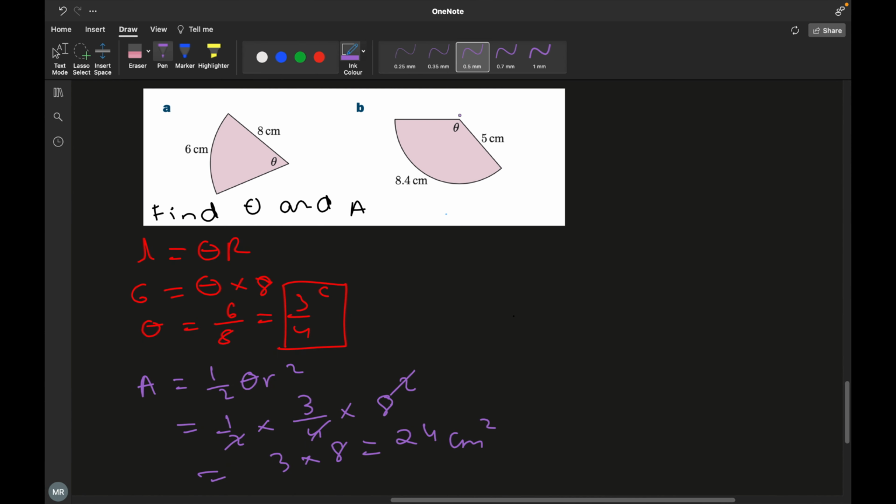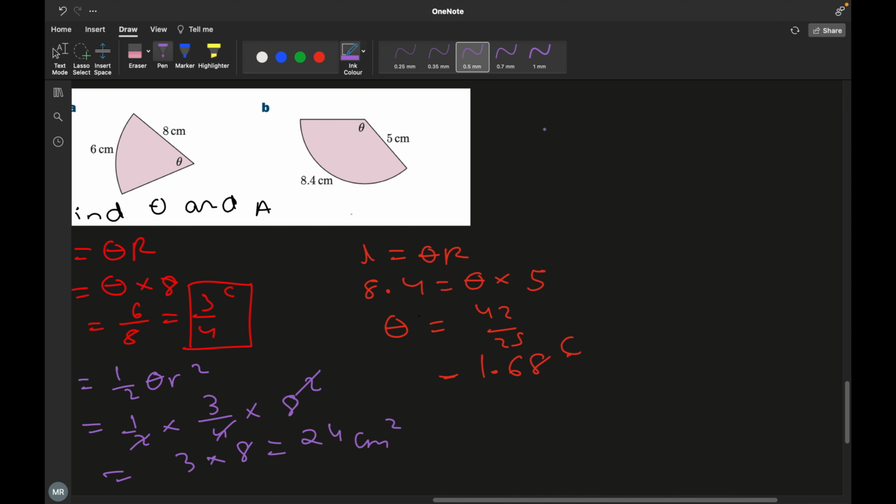Okay, now let's solve this one. L equals r theta, same formula, and L is 8.4 and theta we don't know, r is 5. Theta is 42 by 25, which is 1.68 radians.